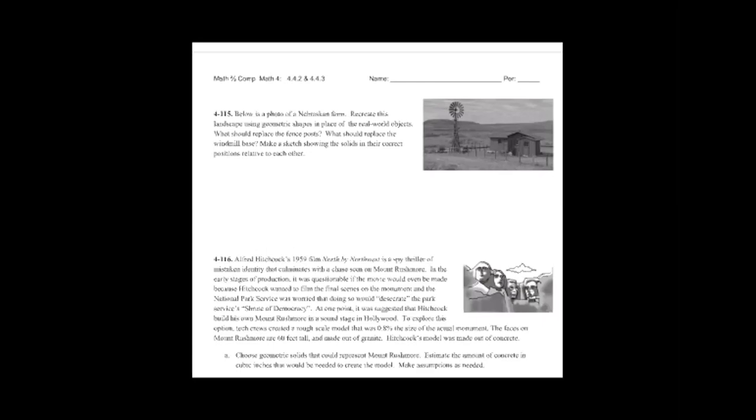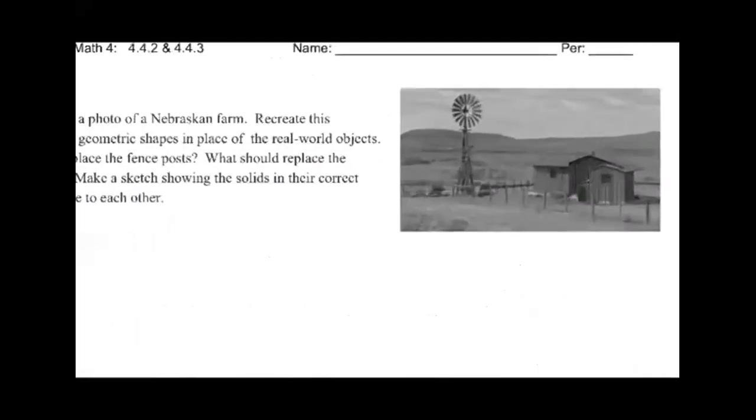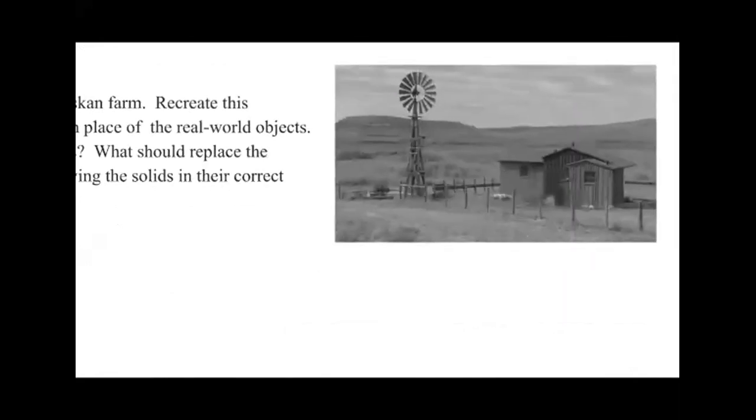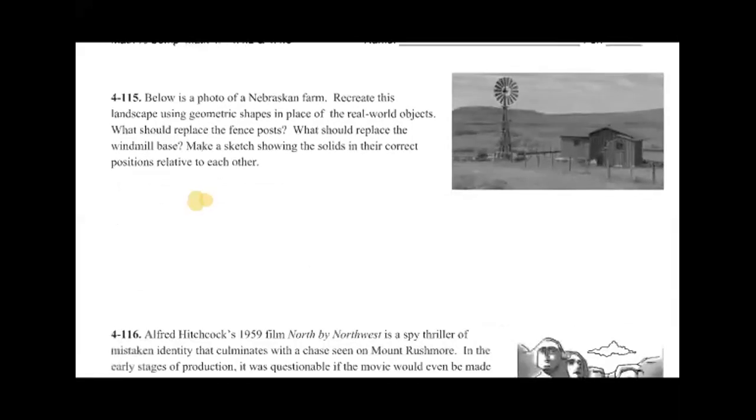Below is a photo of a Nebraska farm. You create this landscape using geometric shapes in place of real objects. So what do you see? I see probably prisms, maybe pyramids and cylinders. Prisms.